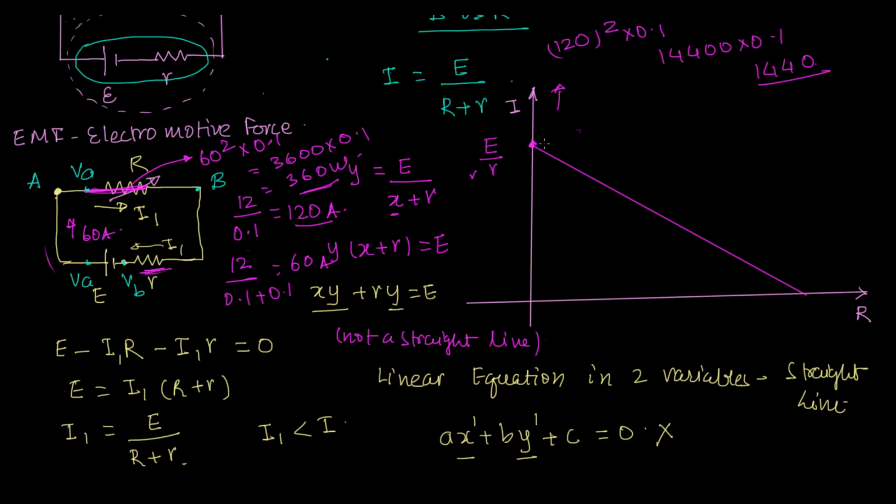If this is not a straight line, it has to be a curve. Correct? If it's a curve, it can either be this kind of curve, not necessarily cutting it here, maybe this kind of curve, or this kind of a curve.